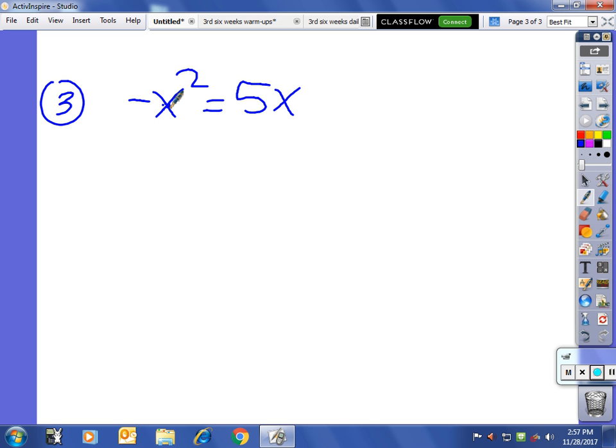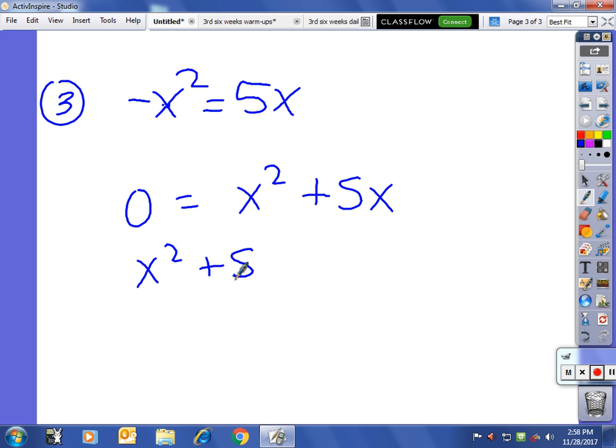If it's negative, then I know it's got to move and everything with it has got to move and the other side stays the same. Well, this one happens to be negative, so it's going to move to the other side. So I'm going to add an x squared to both sides. So I'm going to end up with 0 over here and positive x squared plus 5x over here.